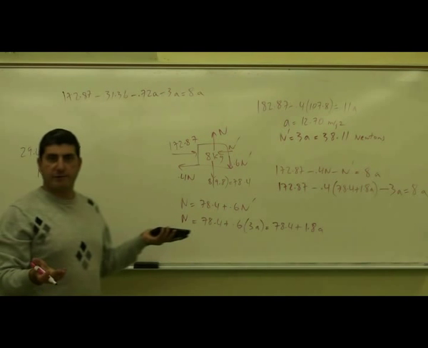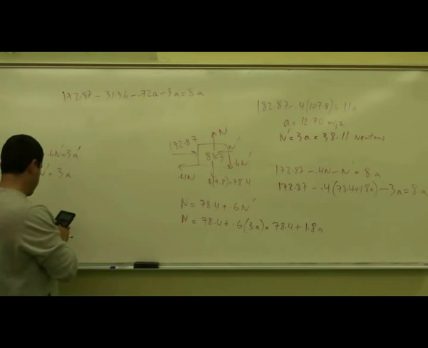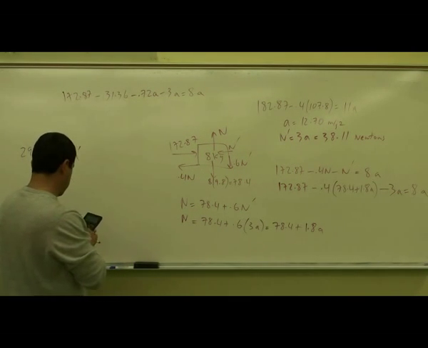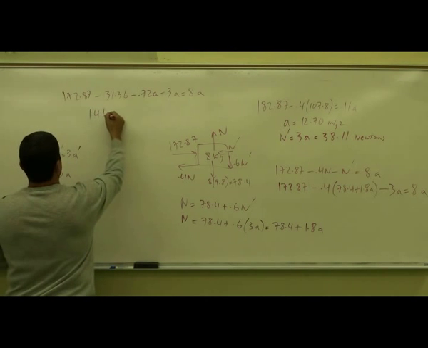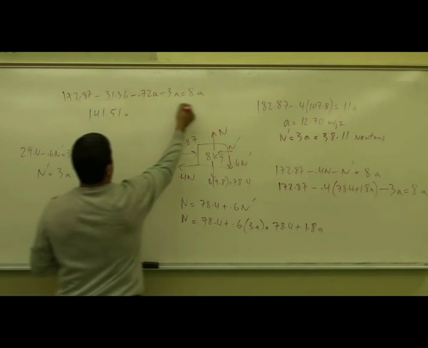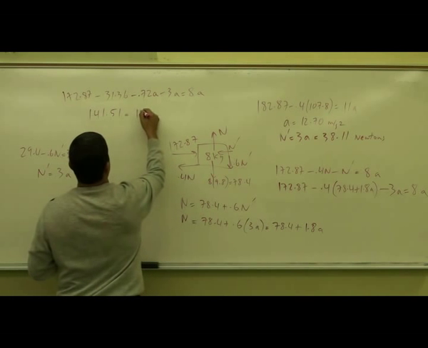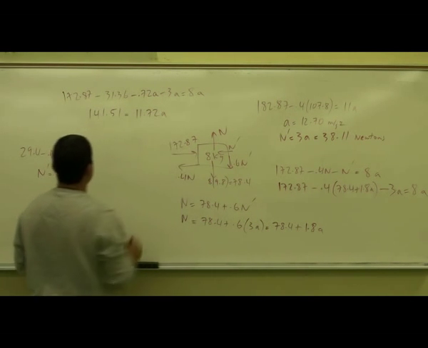So actually we can solve for a from here. 172.87 minus 31.36 is 141.51, and then over here we're going to have 11.72a.